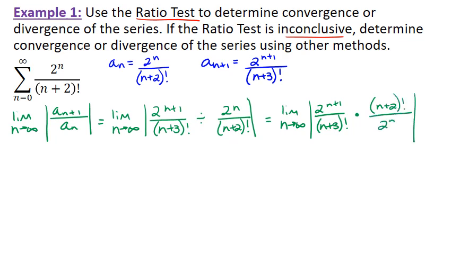Okay, so we have this absolute value. Now this is where things get a little interesting because we need to apply some algebra rules in order to simplify this. This is going to be the most complicated part, so just hang tight, all right?